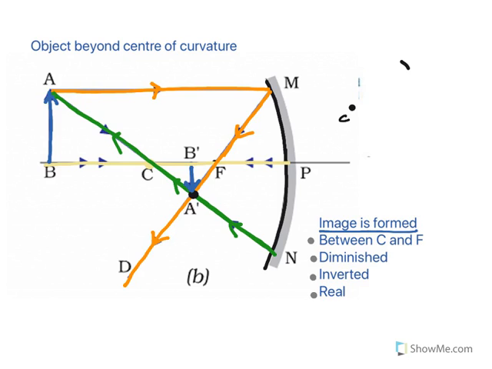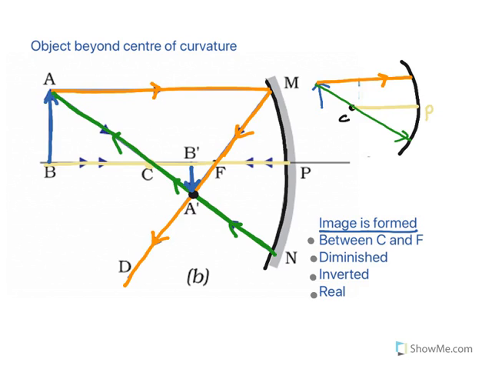So to draw this again, I repeat, you take a center here, a point with your compass, you draw a semicircle or an arc. Next you join this center of curvature to the pole P. Now you have to keep your object beyond C. So your object will be somewhere here. From here draw two rays. One ray that is parallel and one ray that goes through the center of curvature.